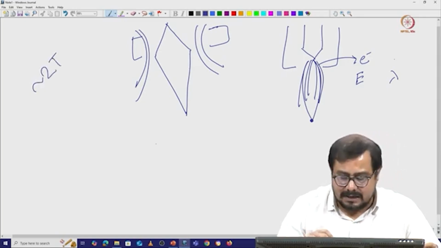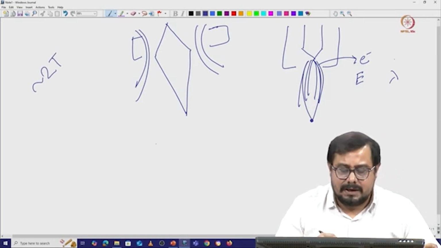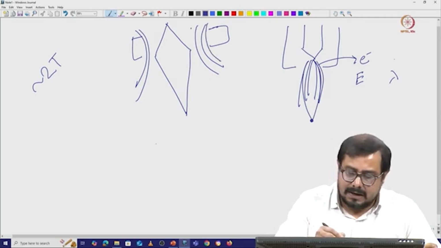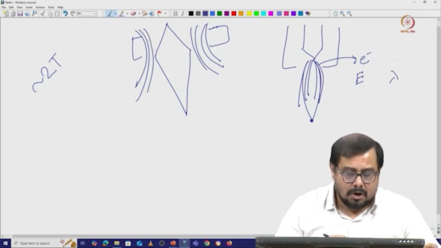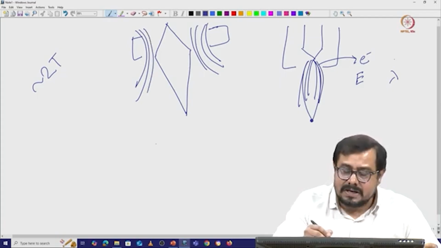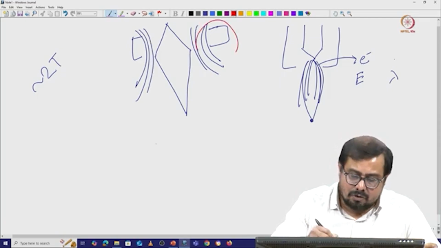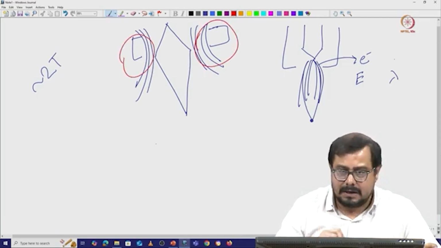We consider it a fixed magnetic field, 2 Tesla, and we are not changing the magnetic field of this electromagnetic lens for a particular time.